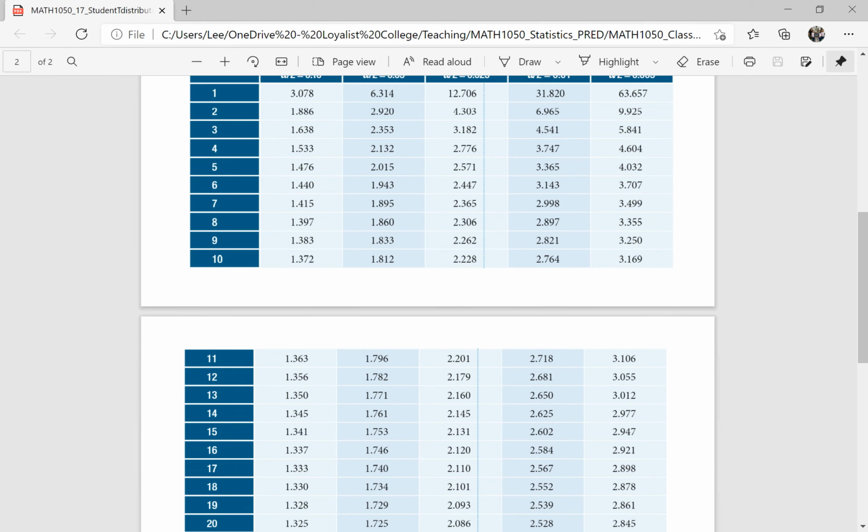So we're looking here, degrees of freedom is 14, and remember, we want to figure out where 2.575 lands. So 2.575 would land in between these two, it looks like, right? So that would be our lower and upper values. Okay, so our lower would be 2.145 and our upper would be 2.625. Okay, so that's where it would fall in between.